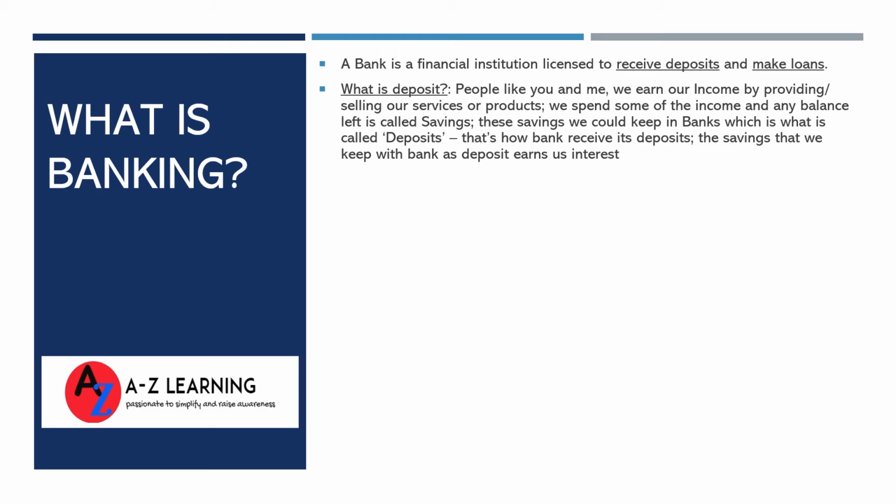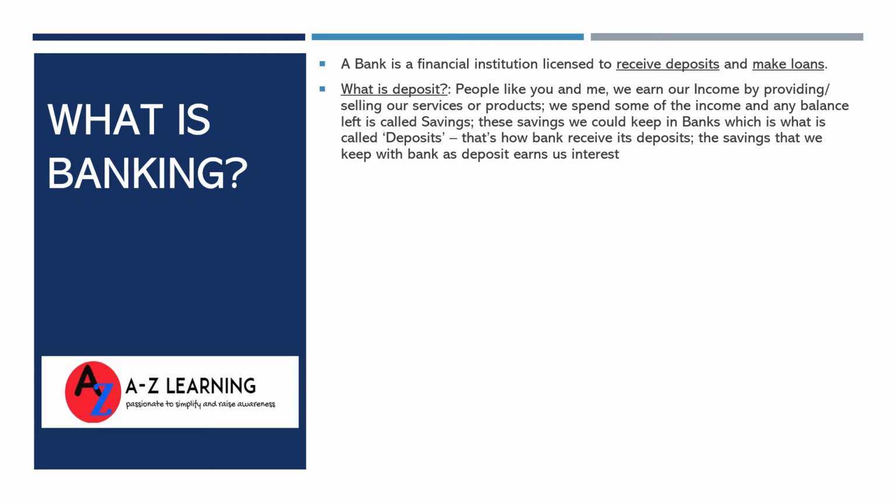This earning that you get from the bank by keeping savings with the bank is called interest. So banks pay interest on the amount that people keep with them, which is called deposit. So the amount that you and I keep with the bank is called deposit, and on the deposits banks pay interest, which is your income.